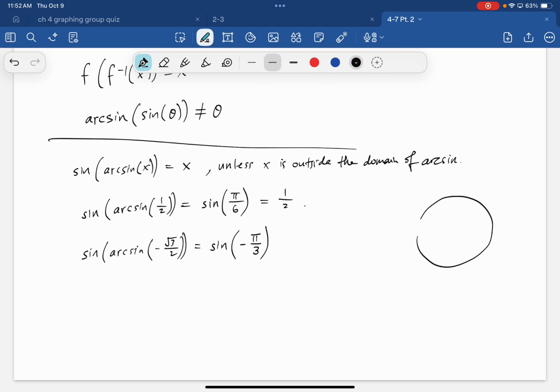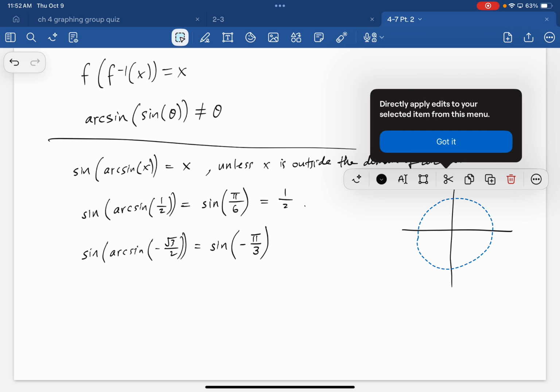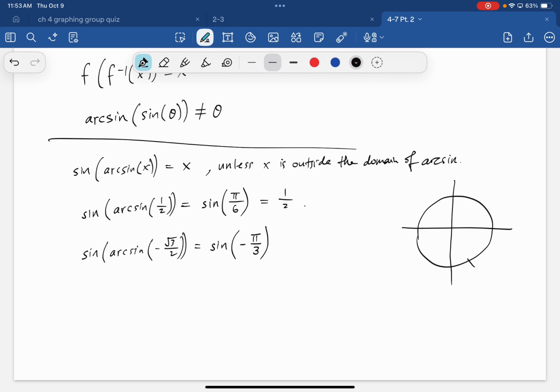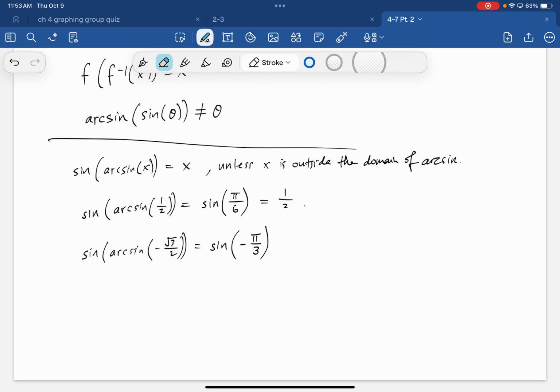Okay, you can draw the unit circle. We're looking for a point with y value minus root 3 over 2. So that's here and here. Only this point is within the range, right? So that would be negative pi over 3. And then, of course, sine of minus pi over 3 is simply minus root 3 over 2. So this rule is good.